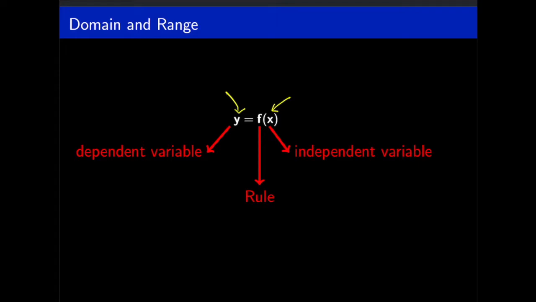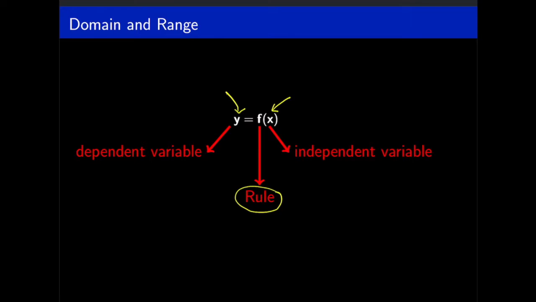So when we talk about a function, there are always three things: the independent variable, the dependent variable, and one rule which says that each element of the independent variable has only a unique output of the dependent variable.